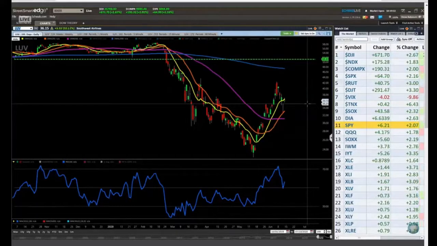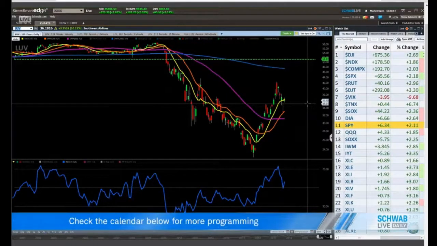It'd be very interesting to see in the afternoon if they fade this bounce or not. I do have a little bit of data that I'm going to talk about in Charting the Market, which would suggest a little bit more weakness in the short term, but we'll talk about that then.